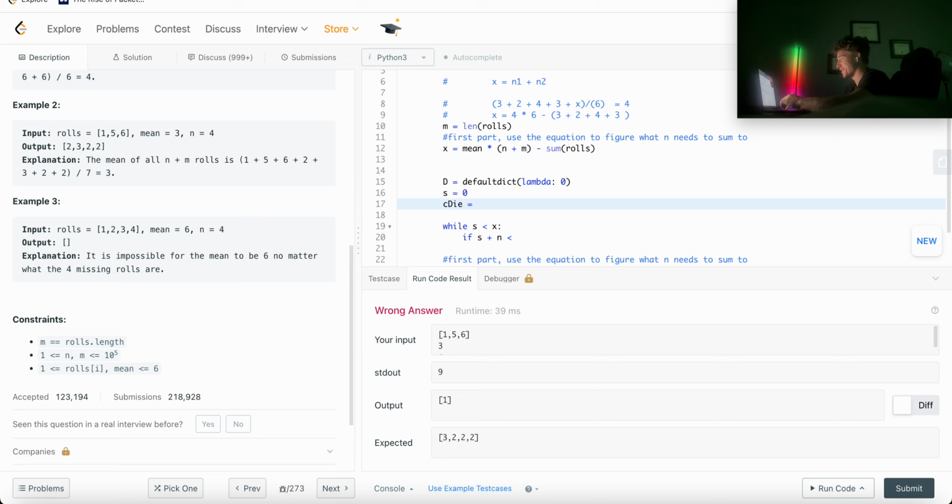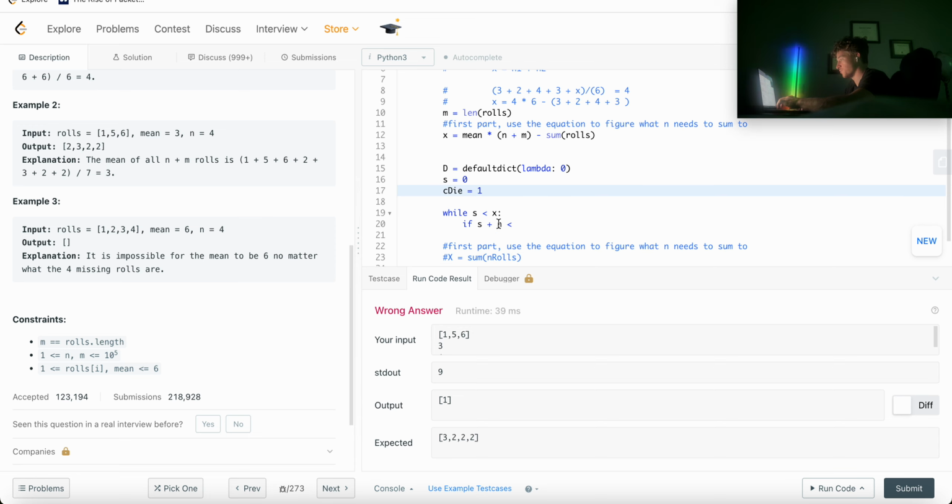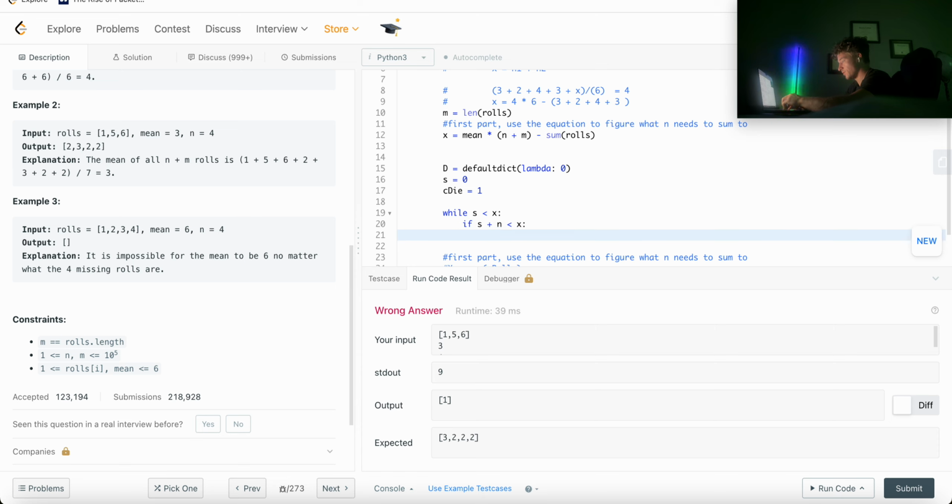A lot of these things might change a lot here, okay? Current die value is 1. We say while current is less than x, say current die value plus equal 1, sum plus equal n.